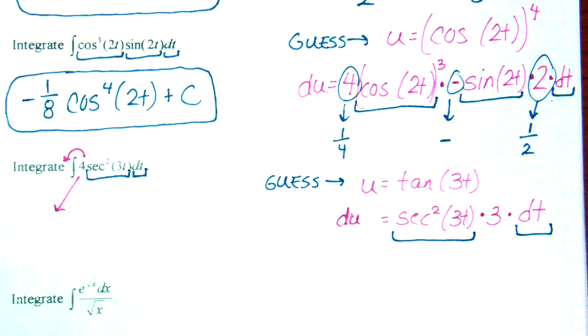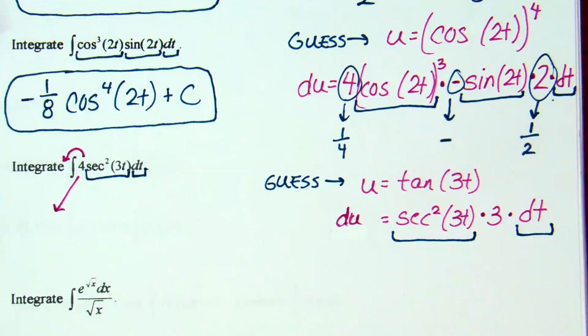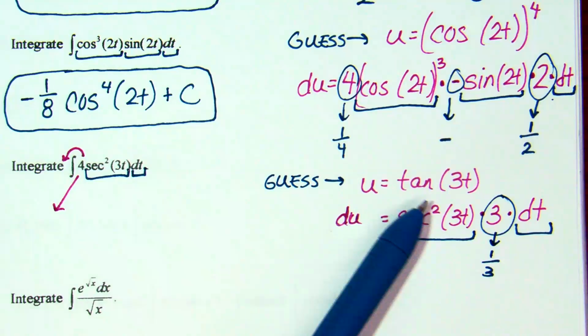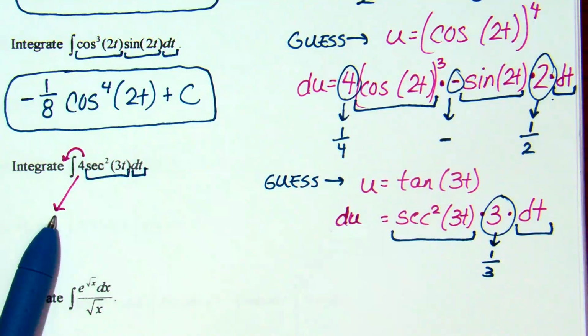It's all there. We also have a 3 to compensate for. How are we compensating for the 3? The 3 itself is a 1/3. So we have to put the 1/3 with our guess of tangent 3t and the 4 that I'd carried out front.